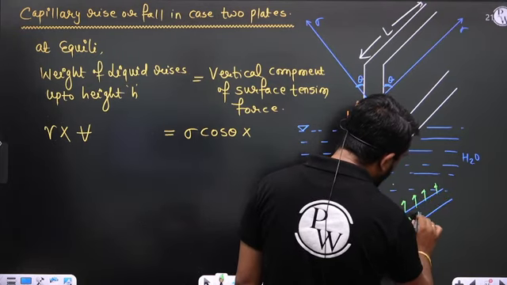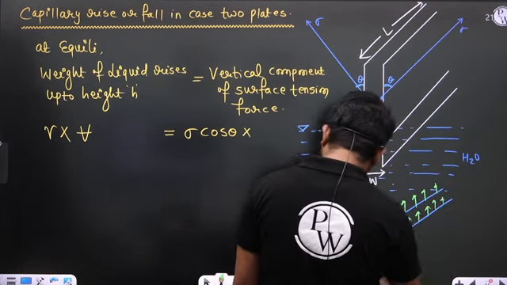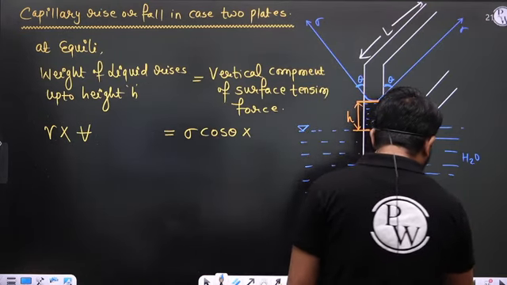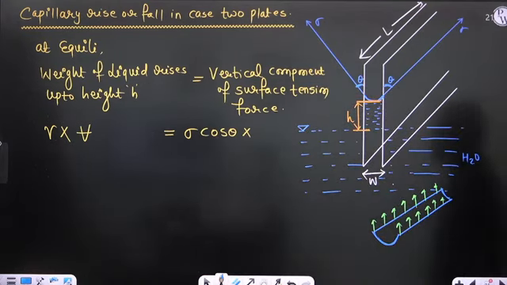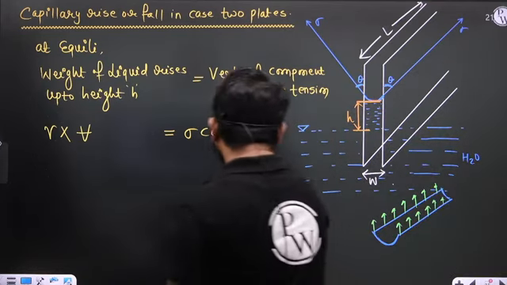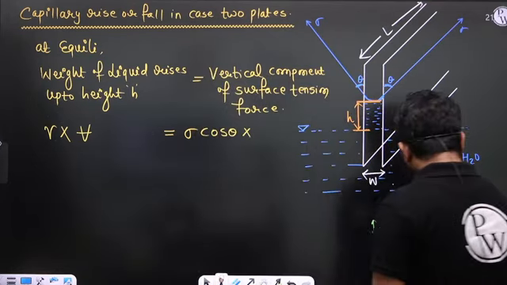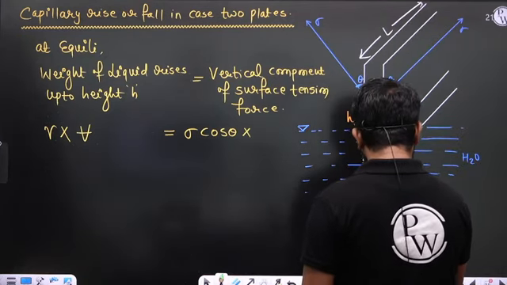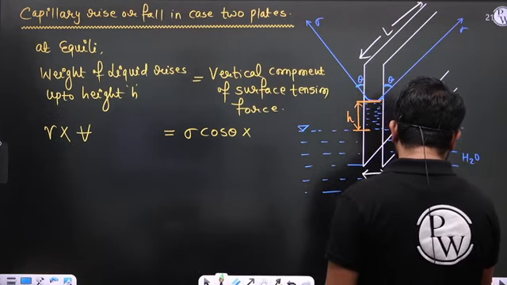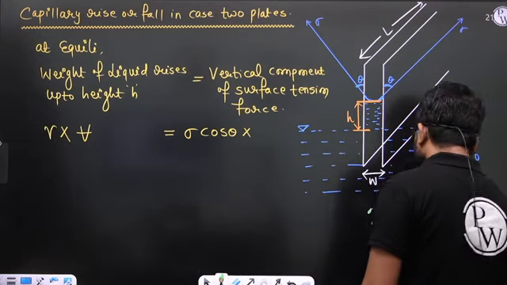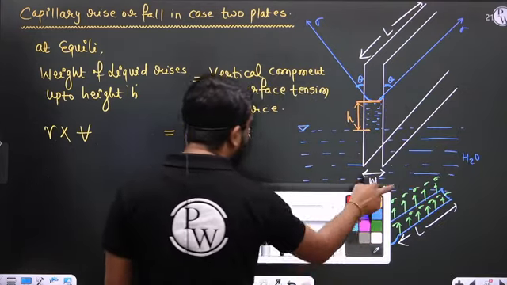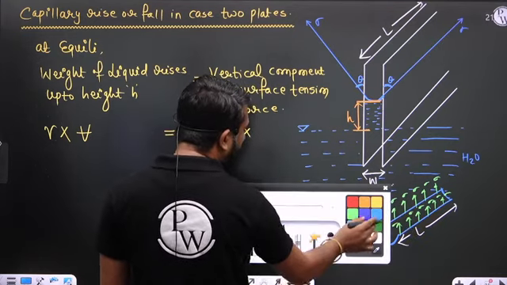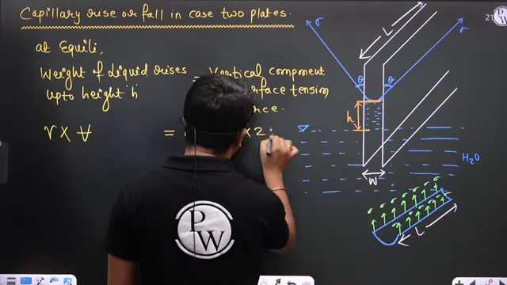Tell me yes or no, is it clear to everyone? This length is L. This is sigma, sigma, sigma, sigma. Is it clear? So, beta, this is simple. L plus L, so it is 2 times L.